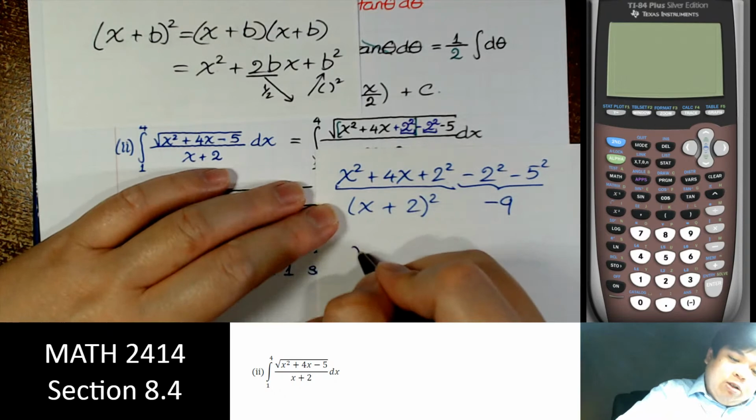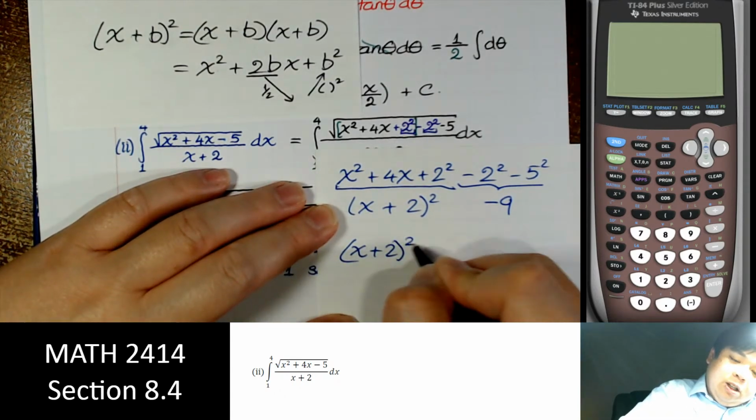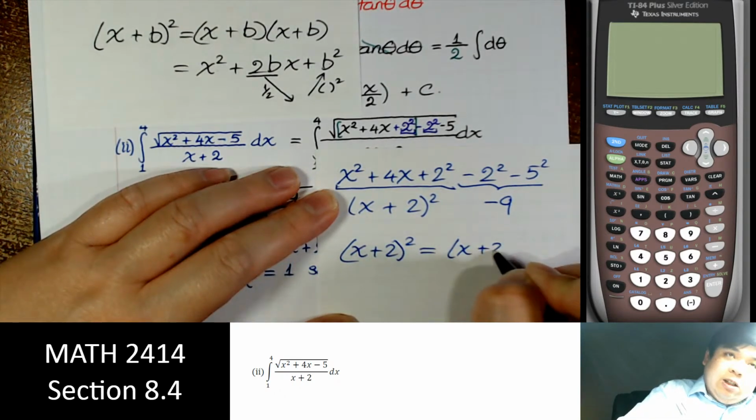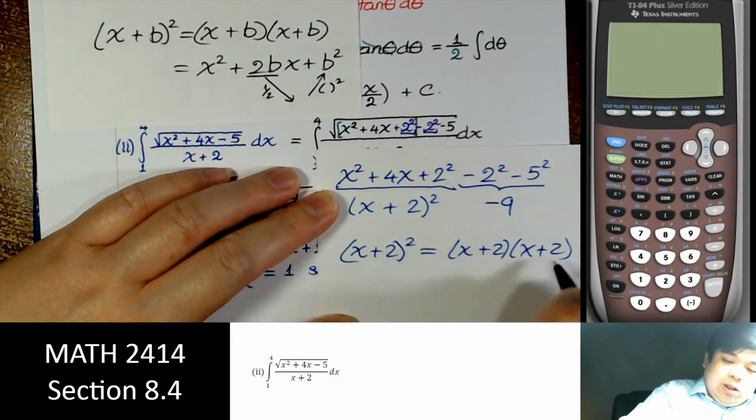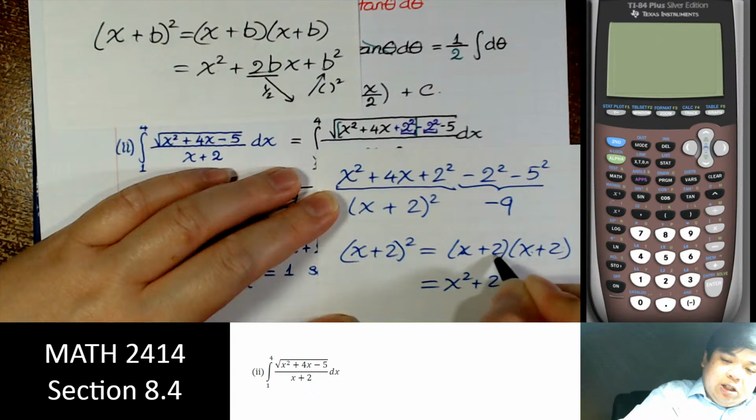Now if we multiply it out, x plus 2 square: x times x is x square, x times 2 is 2x, 2x, 2 times 2 is 4.